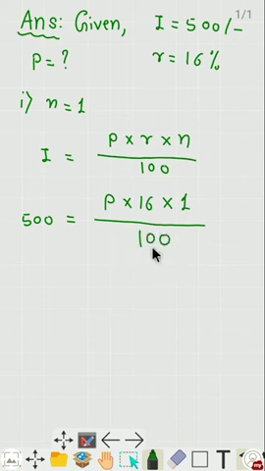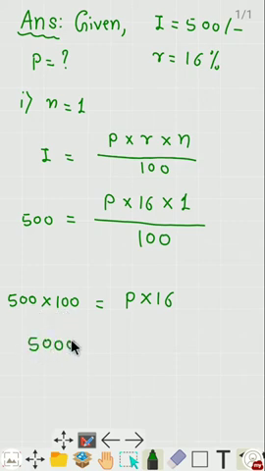So 100 is dividing on the right hand side, if we take it on the left hand side, 100 will get multiplied with 500. So 500 into 100 is equal to P into 16, 16 into 1 is 16. Now the product of this is 50,000 rupees, and is equal to P into 16.